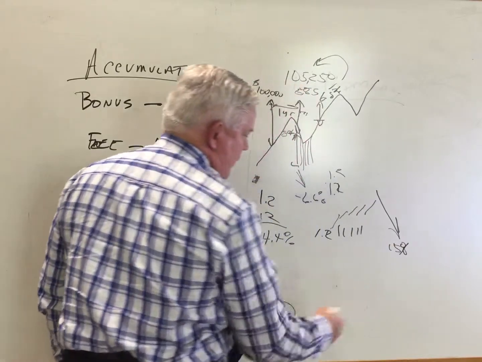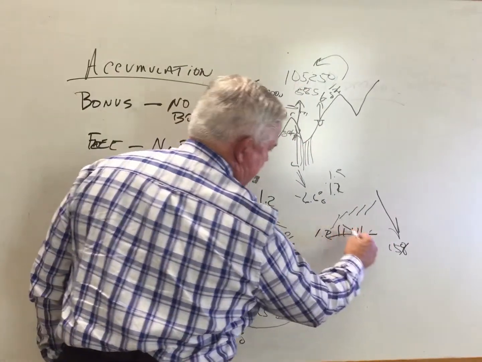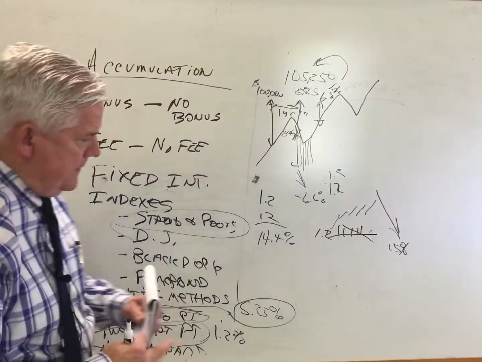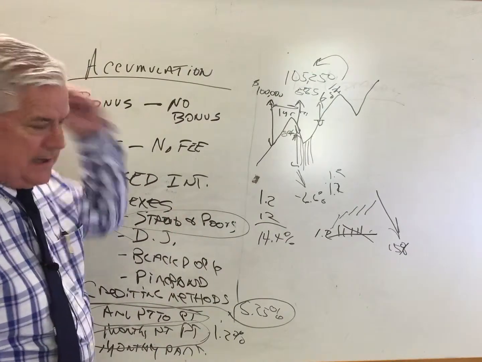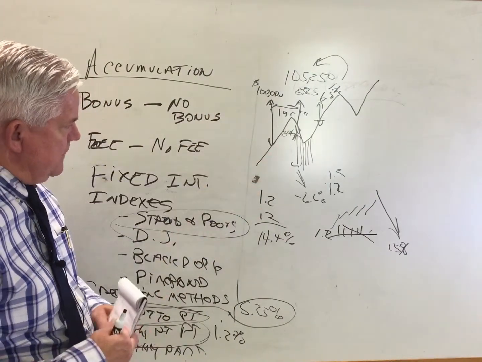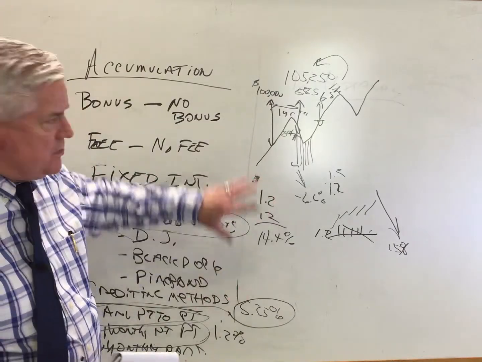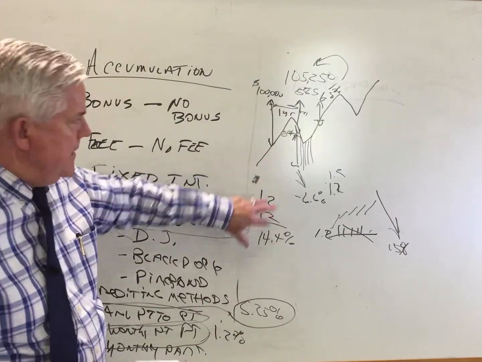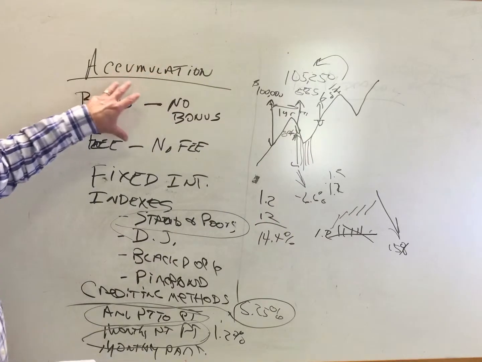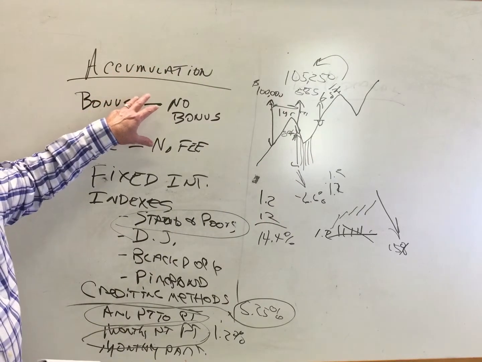It could potentially wipe out all your gains for that month. And while all of this is going on, the money is not actually invested in the stock market. These are just crediting methods to see how much interest you're going to earn.